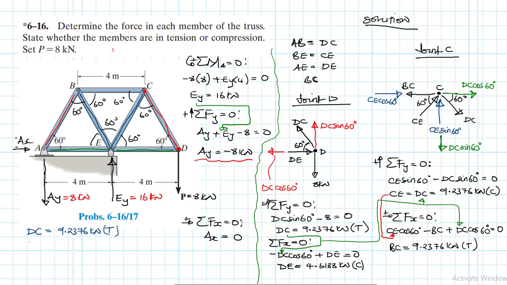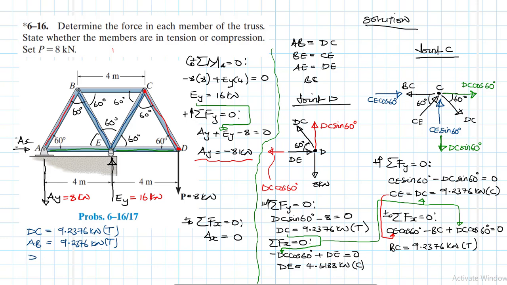And we said this is equal to AB, of course, because there is symmetry. And AB therefore will also be in tension, so it will be 9.2376 kilonewtons in tension.